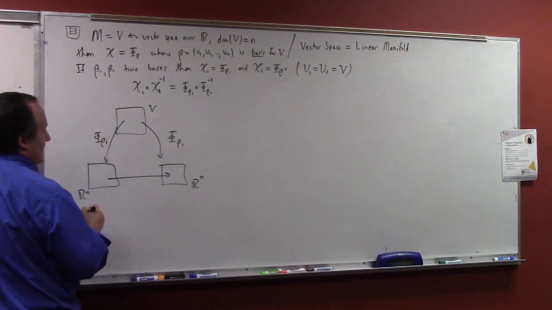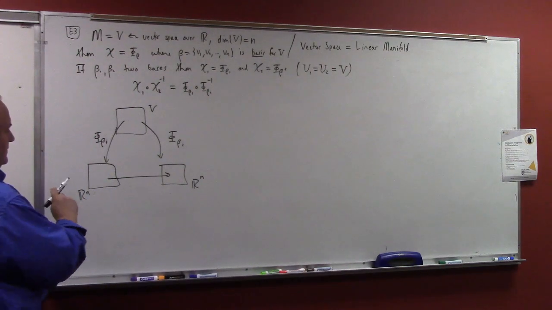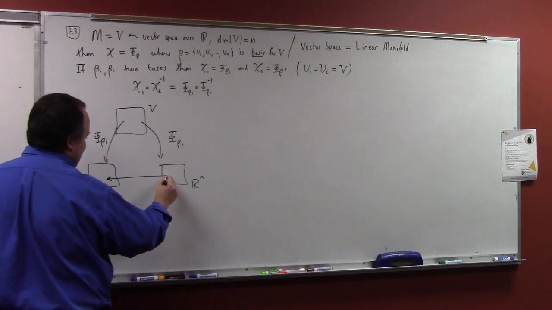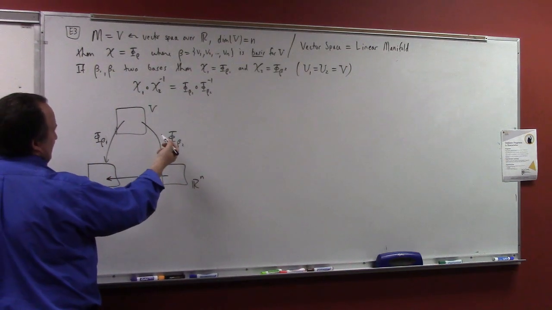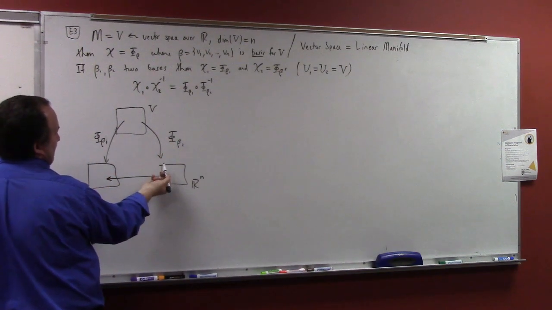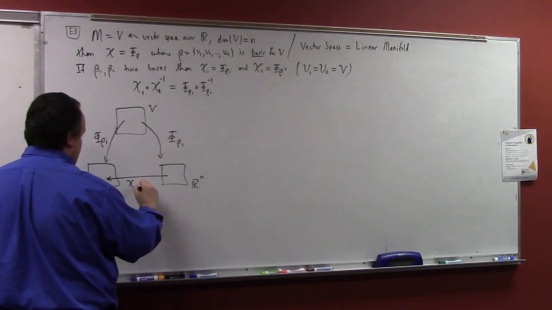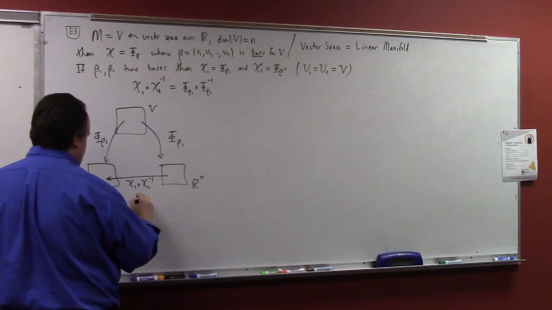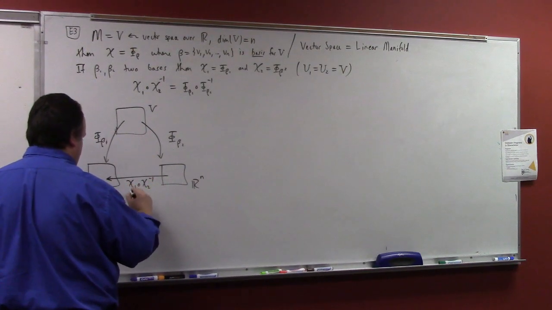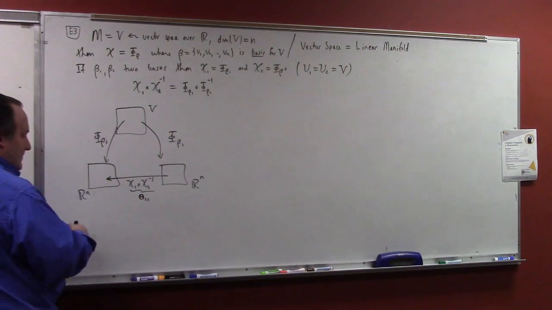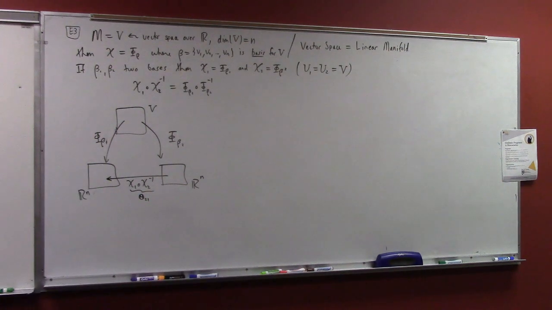And then this mapping here is, oops, my bad, this way, because phi beta 2 inverse comes first and then phi beta 1. So here's your chi 1 composed with chi 2 inverse, also known as theta 2 1. There's my transition function for a linear manifold, which, as you said, is just the coordinate change map.